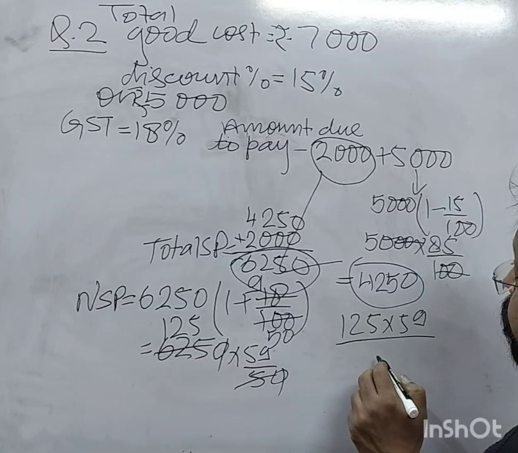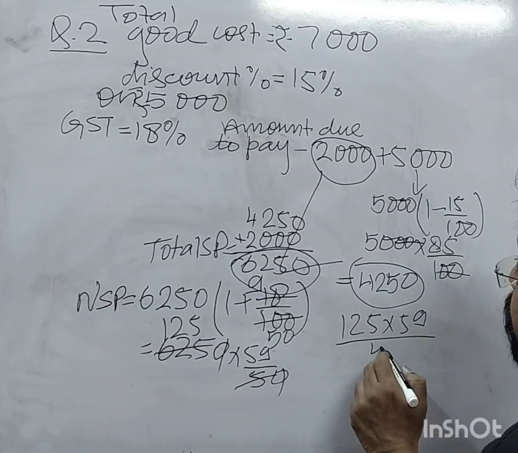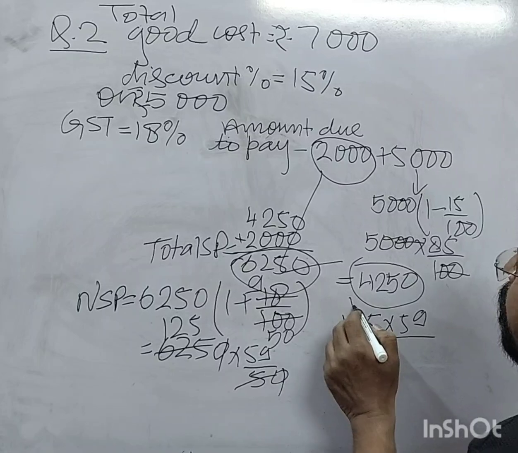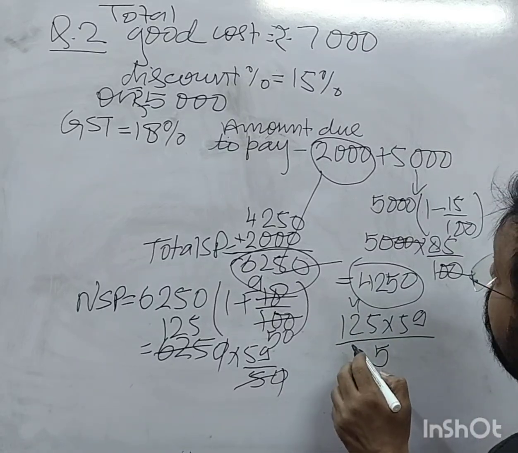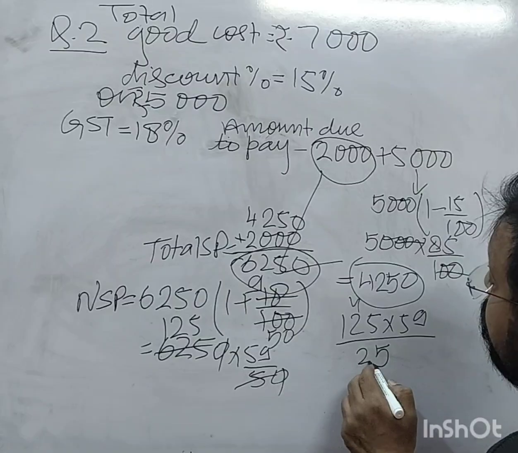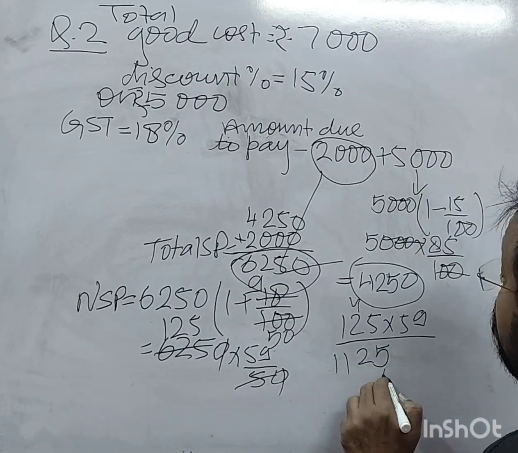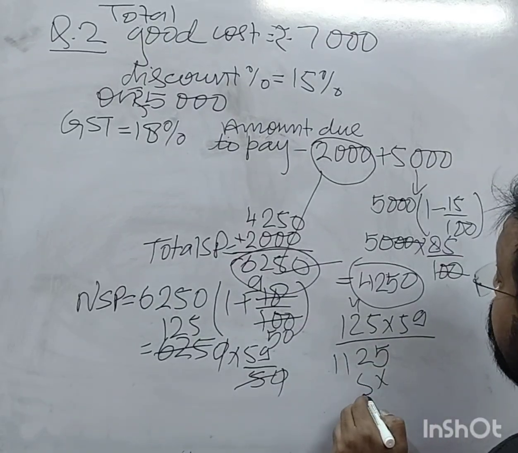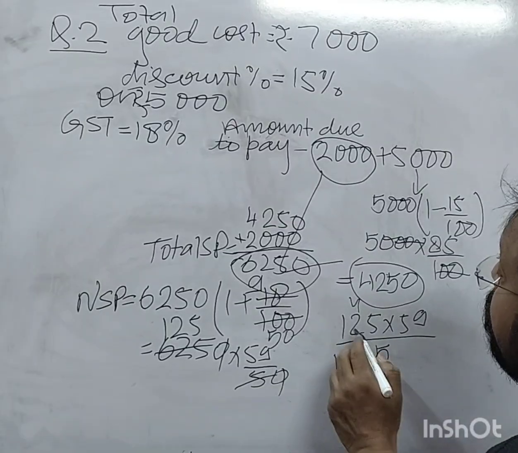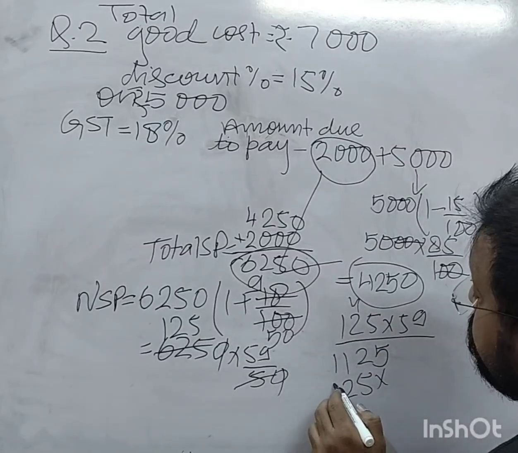9 times 5 becomes 45, you get 4 here. 9 times 2 becomes 18. 4, 22, 11 into 5 times 5 becomes 25, we get 2. 5 times 2 becomes 10, 2, 12, we get 1. 5 times 5, 1, 6.